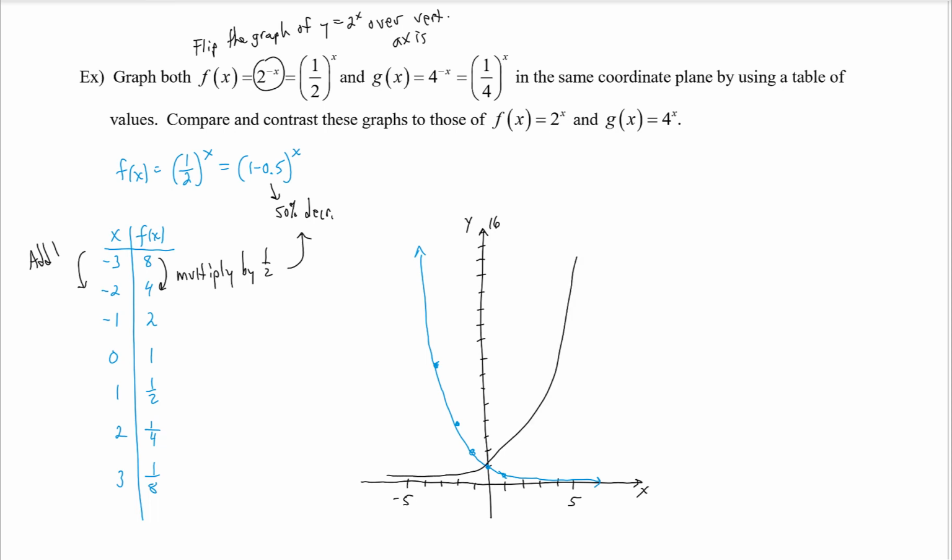This is what the shape used to look like. There's y equals 2 to the x. But I replaced x with -x, so it flipped it over the y-axis. So we get this decrease. This is a decreasing function. Right, it's a 50% decrease specifically.